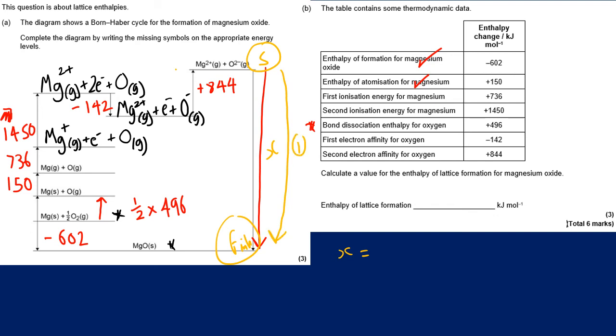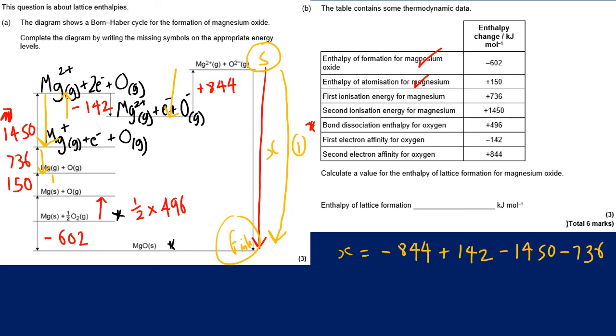So route 2, I'm going down here, which is -844. Then I'm going up here, which is +142. Then I'm coming down here, which is -1450. Then down here, which is -736.